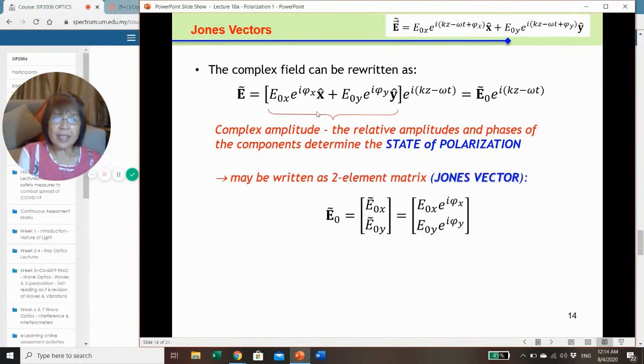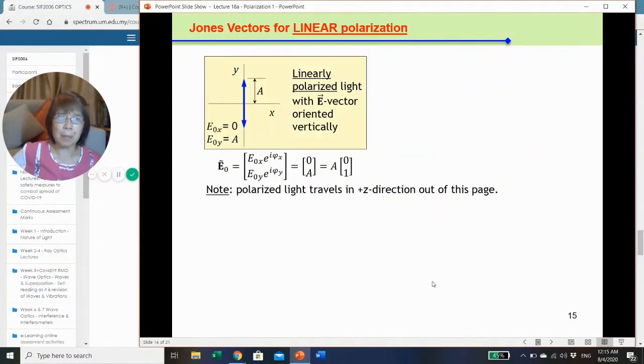And if you write it in matrix form, it will result in a two-element matrix, which is called the Jones vector. So the first element is E0x exponential i phi x, and the second element would be the y component.